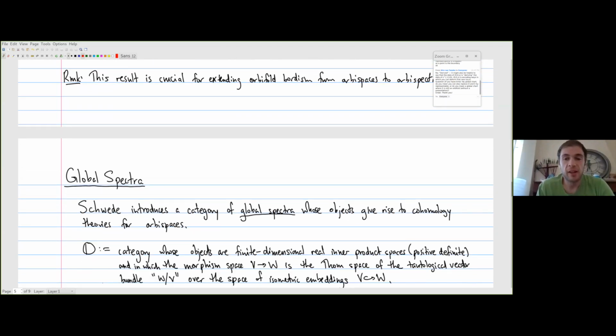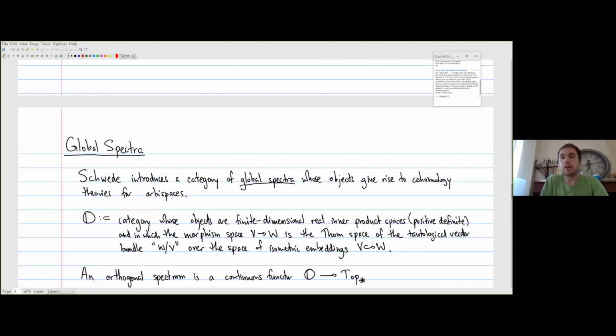Okay, so we have this category of orthogonal spectra. That's a functor from the category of real inner product spaces to spaces, and to an inclusion of one orthogonal space into another, you associate a map of spaces.